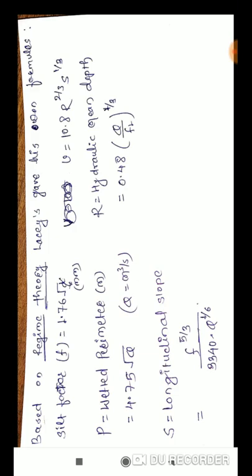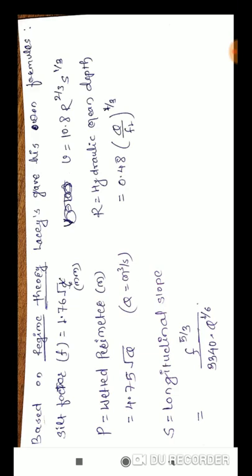That's all. Then he gave the formula for silt factor, f is equal to 1.76 root of d. For the perimeter, P is equal to 4.75 root Q, where Q is in meter cube per second and P is in meter.